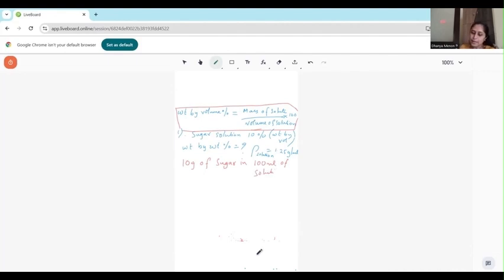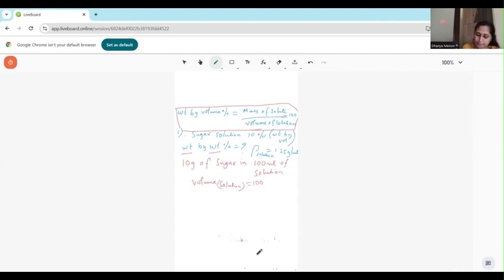Now you have to find out weight by weight. I have the weight of solute in my hand, but I don't have the weight of the solution. I just have the volume of solution, which is 100 ml.